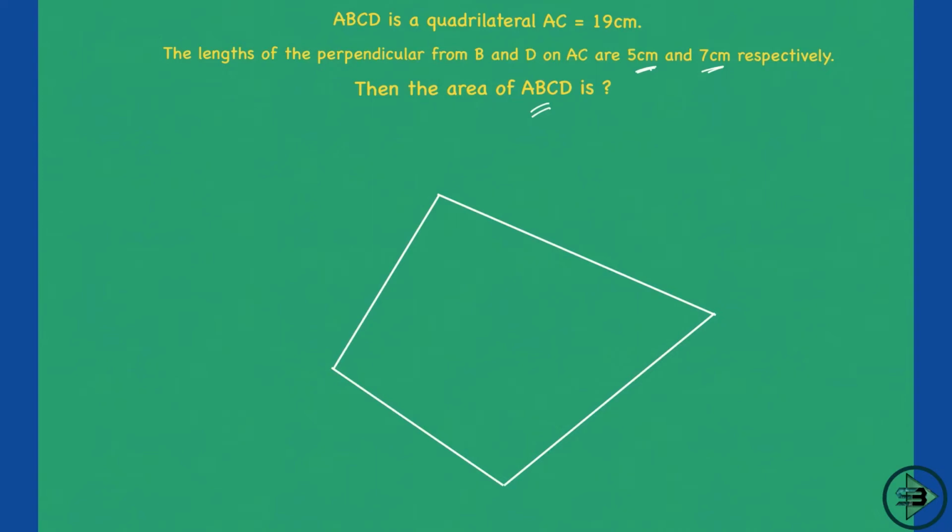Now ABCD, so let's make it ABCD. So this will be A, B, C and then say D. AC is given to me as 19. As I told you, always one of the diagonals will be given to you. So AC is given to me as 19. So let's just draw this. I am drawing it here. One of the diagonals is equal to 19. This is 19.